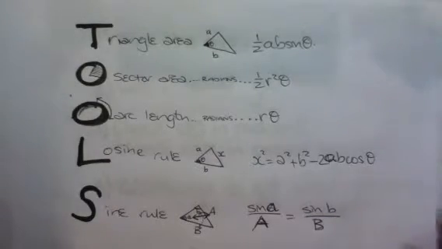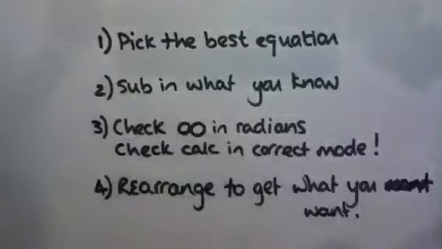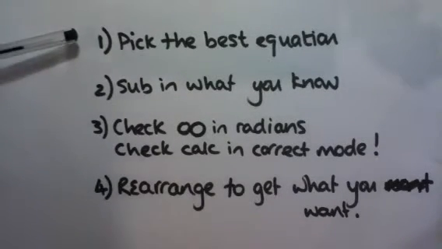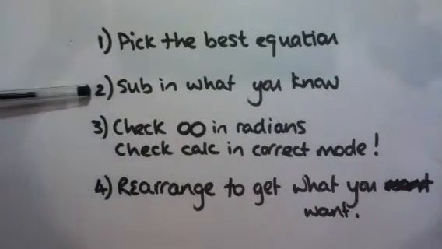Now let's look at the steps you can take to hopefully get an accurate solution. Number 1 I've already talked about: just go through the tools and calmly pick the best equation that suits your problem. 2, sub in what you know from the problem.